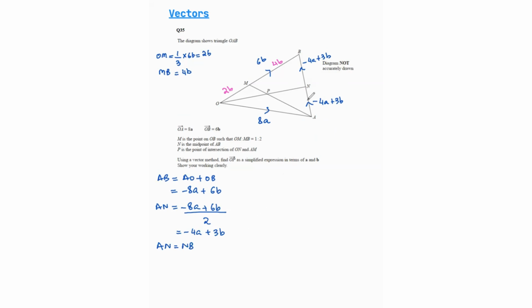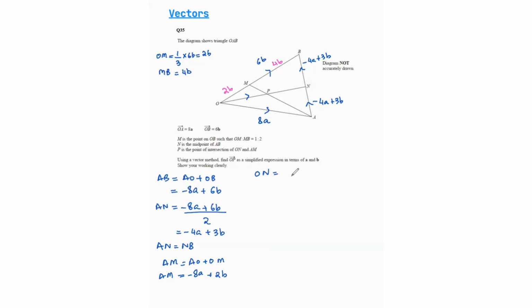P is the point of intersection of ON and AM. So we can find AM first. AM is going to be AO plus OM, which is negative 8a plus 2b. That's AM. And we can also find ON.